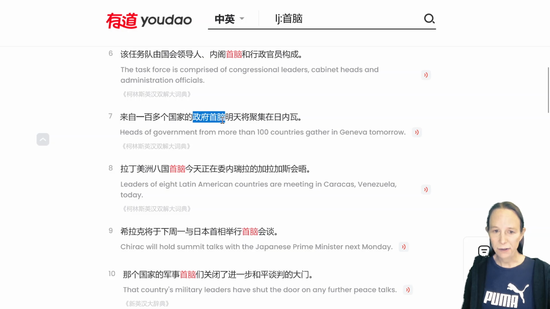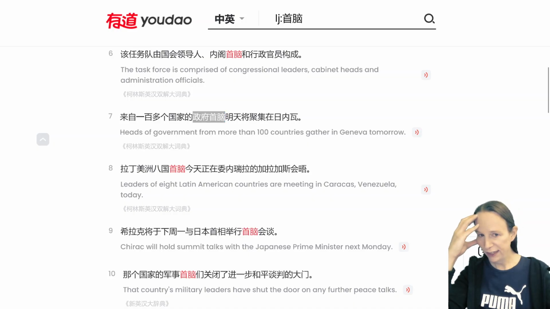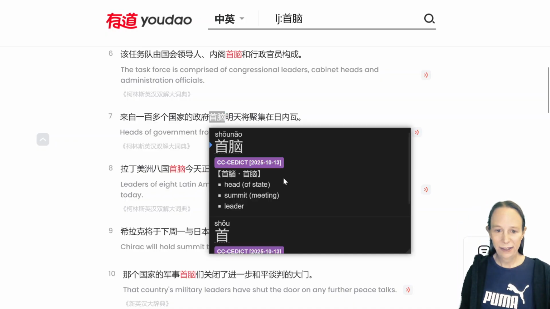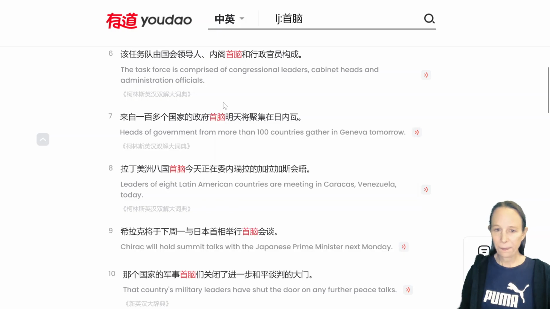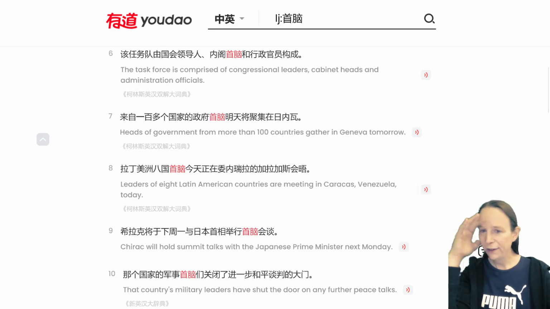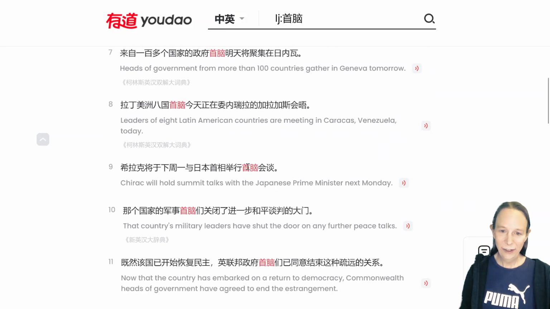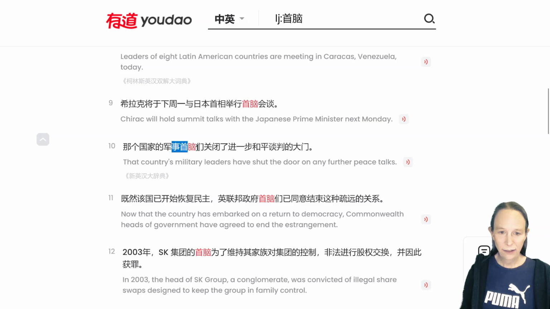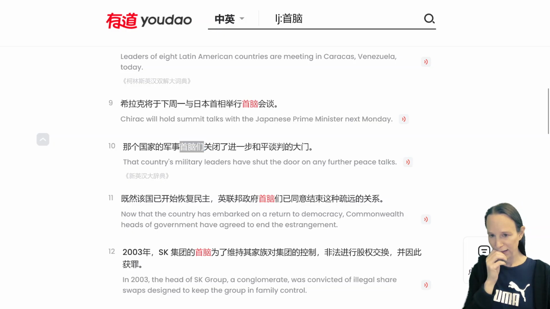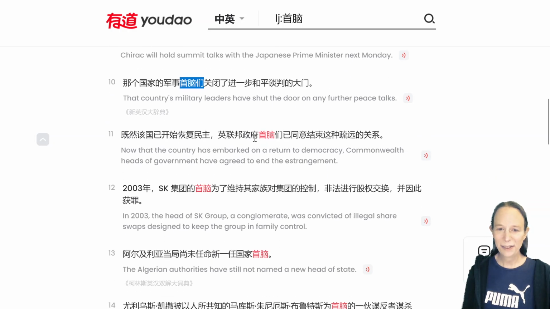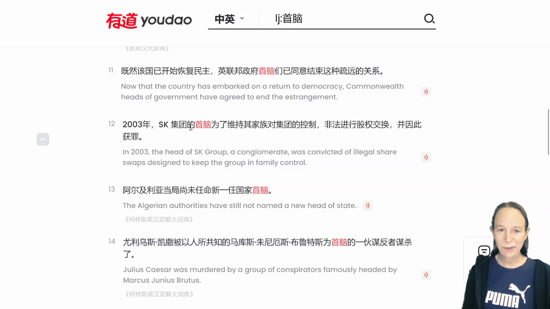政府首脑, heads of government. Okay, so it's head. 首 can also mean head, right? But it can also mean head in the sense of first on a list. Head in English can also mean first. 首脑会议, 会谈首脑们. Okay, so it is a person. I know that it's a person, that's not a surprise, but I didn't realize 首脑们 would be a thing. 国家首脑.